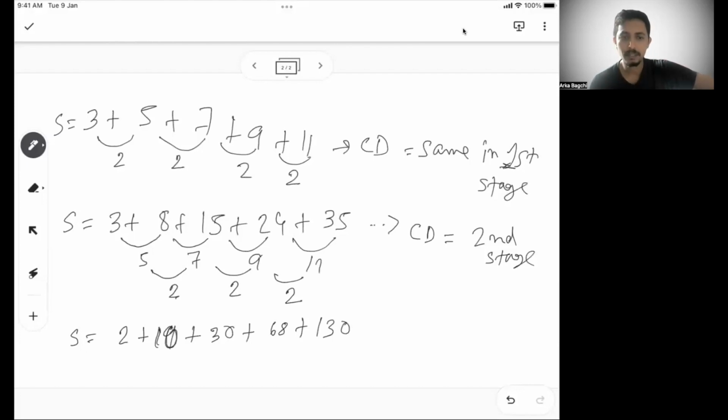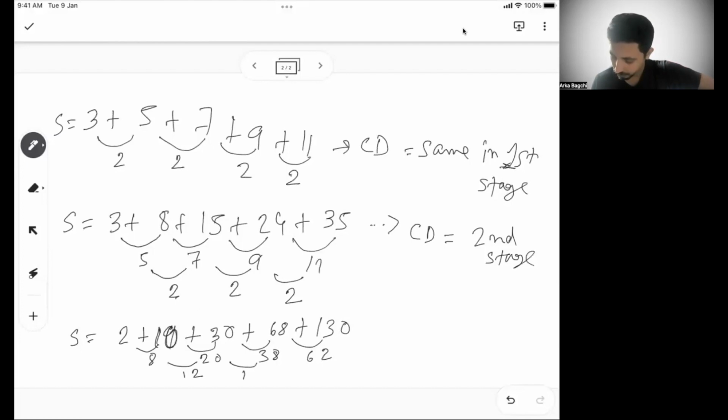If you see this series, obviously you won't be able to identify this as an AP, because at the first stage the gaps are 8, 20, 38, then 62. Obviously, in the given shape and form, we can't say it's an AP. Now, if we do the second stage, what do we get?